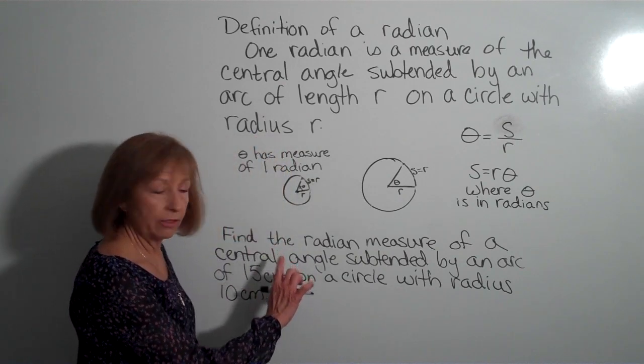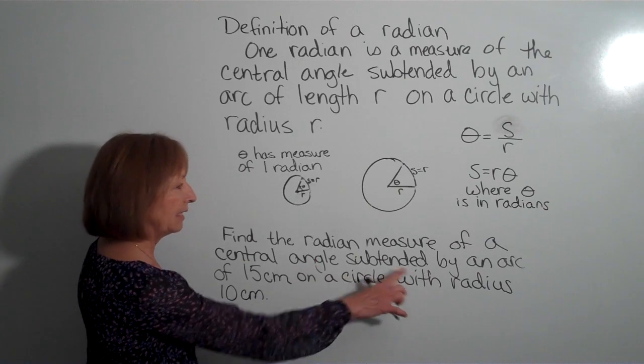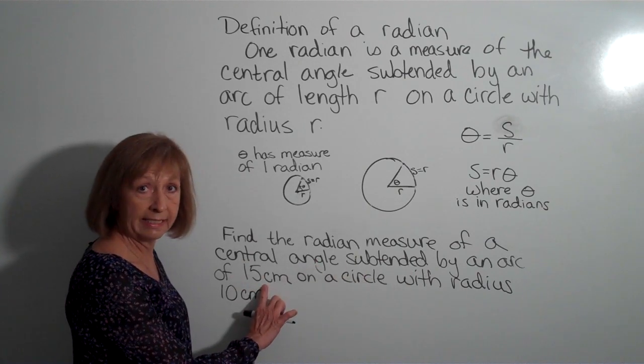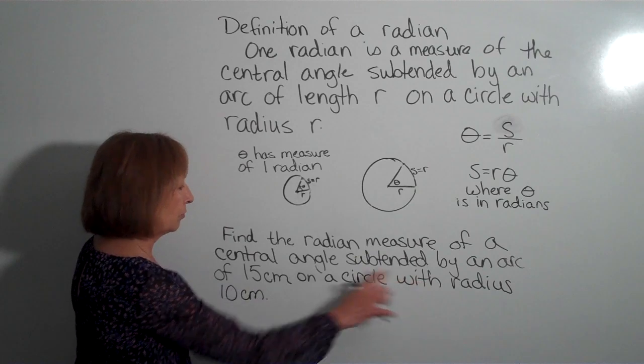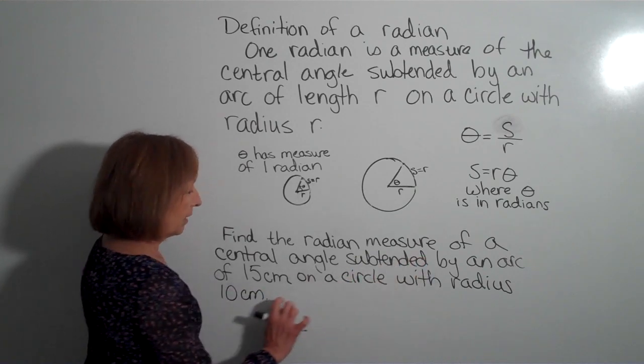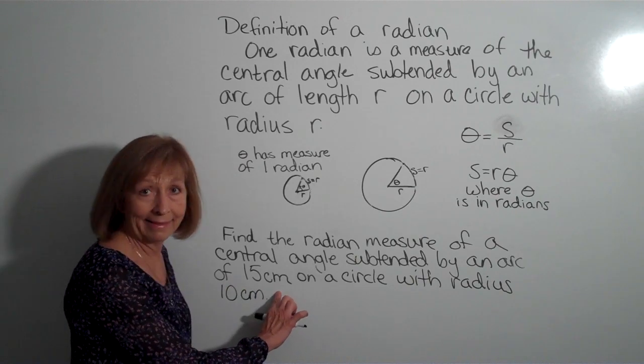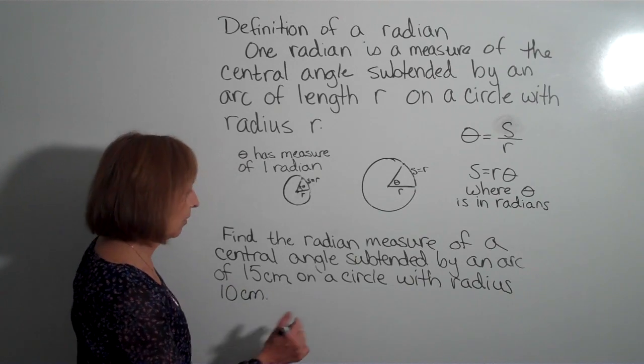So the question here is: find the radian measure of a central angle subtended by an arc of 15 centimeters on a circle with a radius of 10 centimeters. So here the units are the same. The arc length is s and the radius is r.